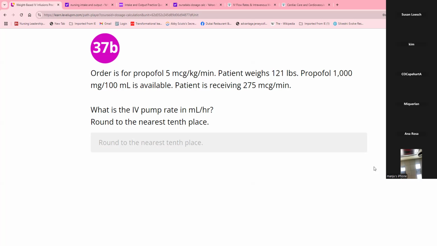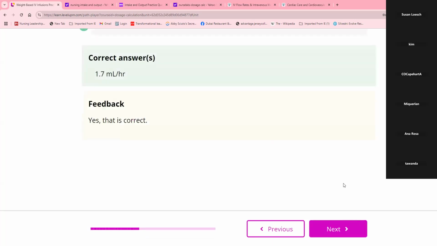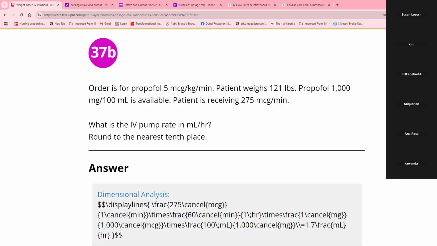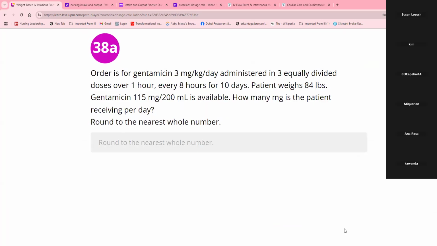Is the answer 1.7? Okay, that's what I got. Was everybody else able to get there? Yes. Anybody who couldn't get there? Yeah, 1.7.